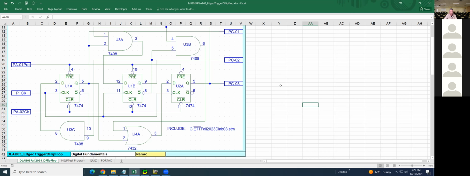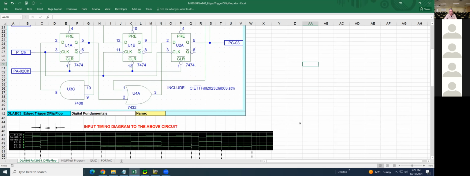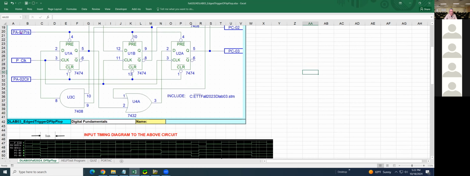A problem in here will be now they give you the inputs, okay, P clock and PA preset, PA clear. That means they give you the signal of clock in here, preset in here, clear in here. Okay, this is the signal here.